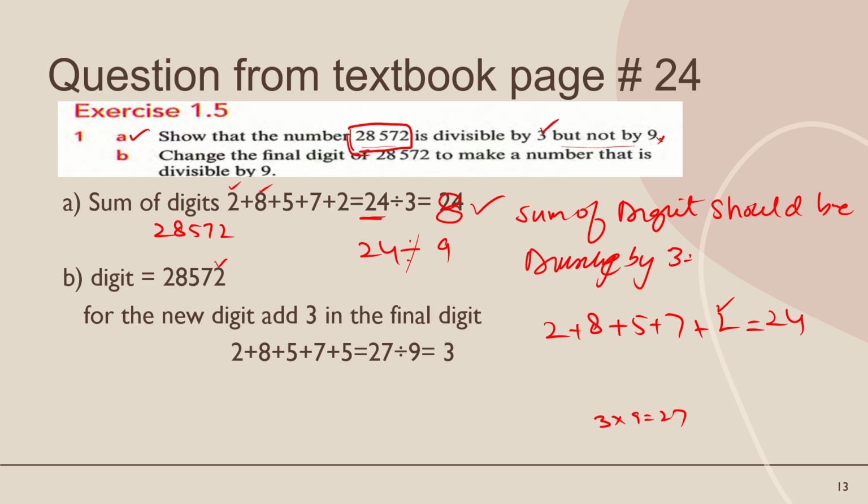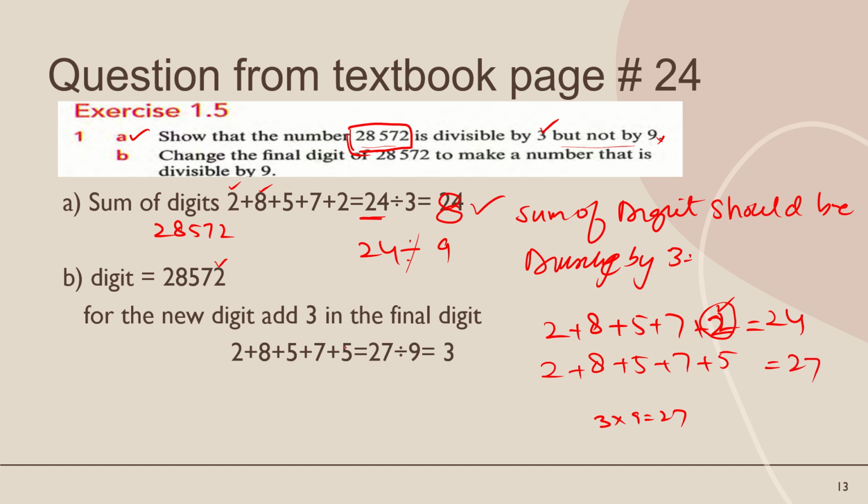Okay, it is clear. The number 5 should be here: 2 plus 8 plus 5 plus 7 plus, so in the final digit we will write 5, because we need 27. The last digit we write is 5, because if we add 3 to this number we will get 27.